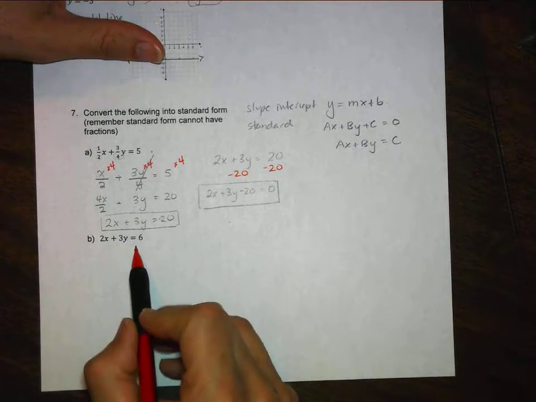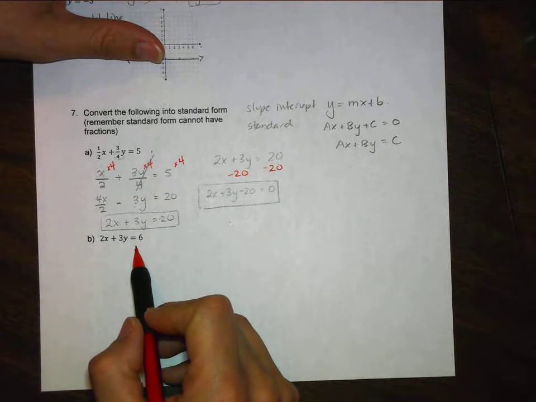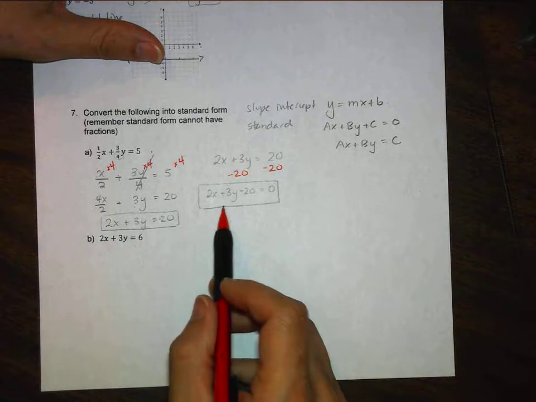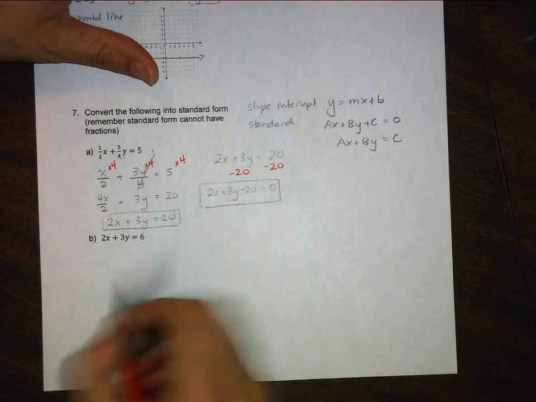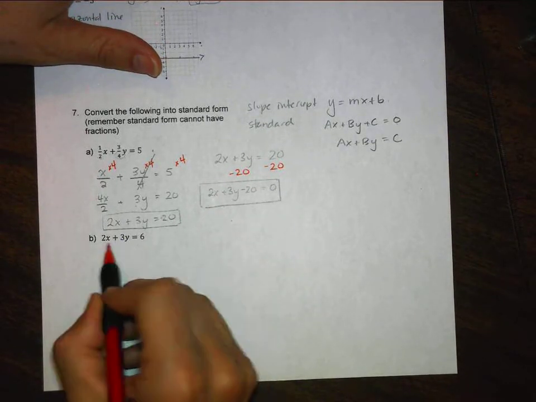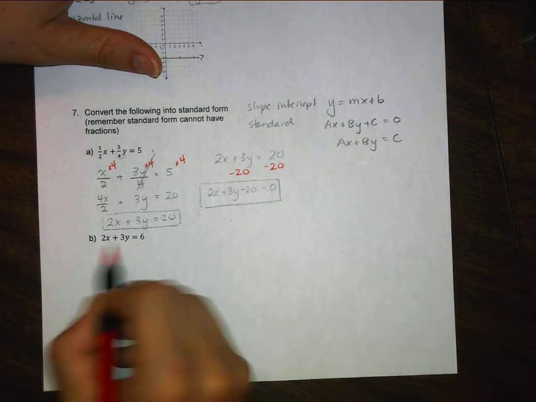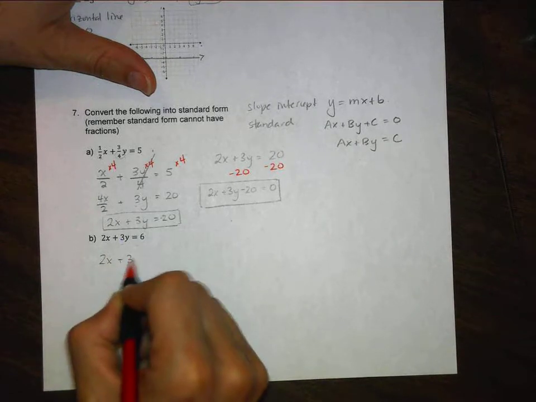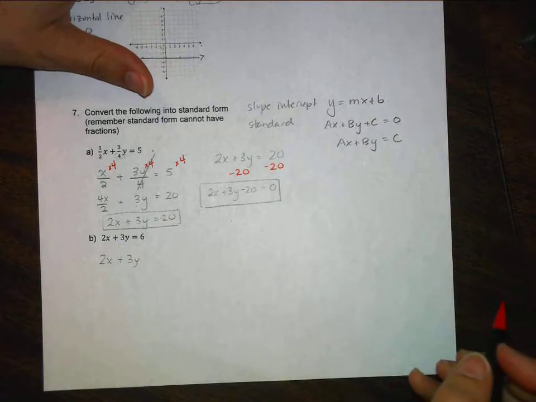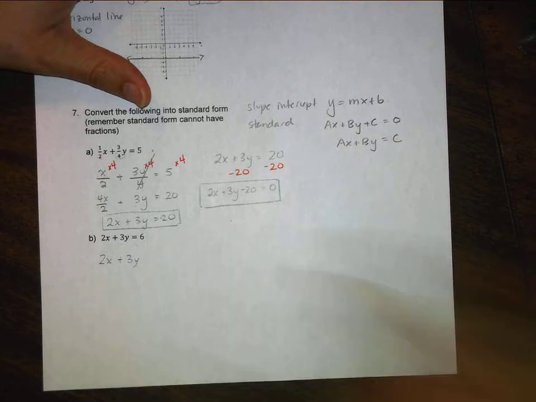But by looking down here, that wouldn't be in standard form like this. So let's make it look like that one. Other than the equaling to 0, everything's okay because there's no fractions. So I need to get rid of the 6. So what I want to do is minus 6 on both sides.